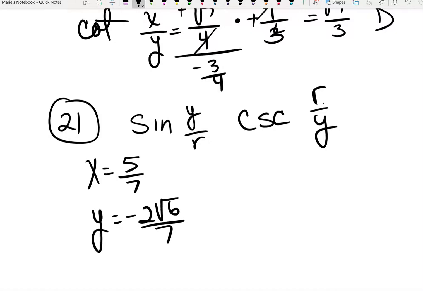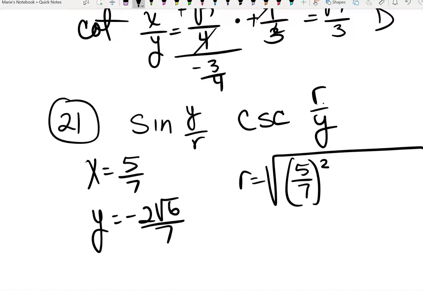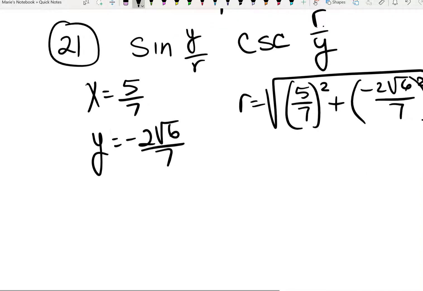And so r would have to be equal to the square root of 5/7 squared plus negative 2 square root of 6/7 squared. Okay, a little bit of math here.